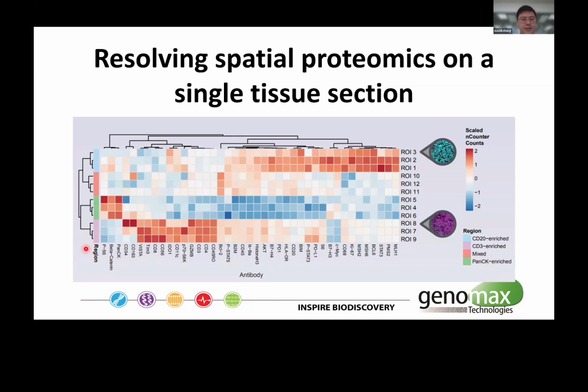This is actually running on a protein assay, and you can see here different regions show a distinct protein expression profile. So imagine previously with your conventional method, you have been extracting total RNA from the whole tissue section for profiling. Basically, it's a blend of all these signals. So you miss out on what is happening in the tissue section itself.